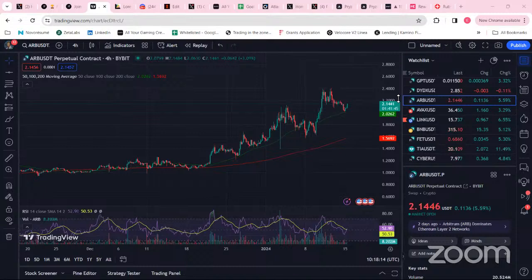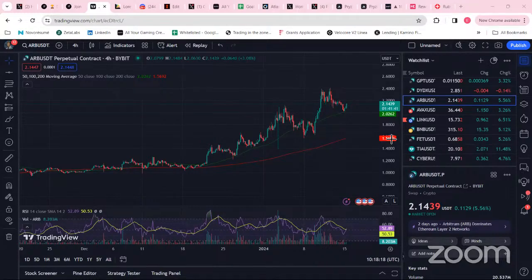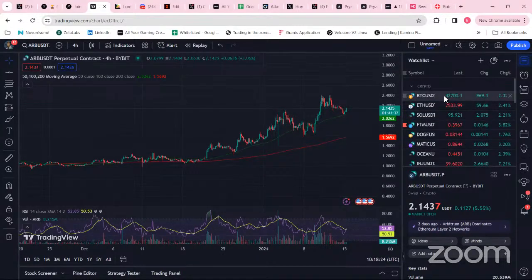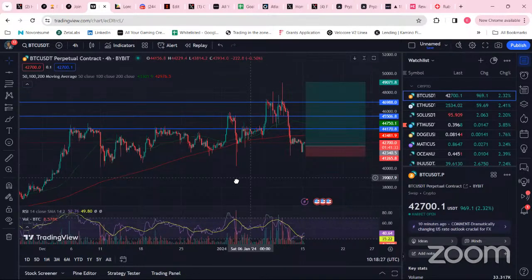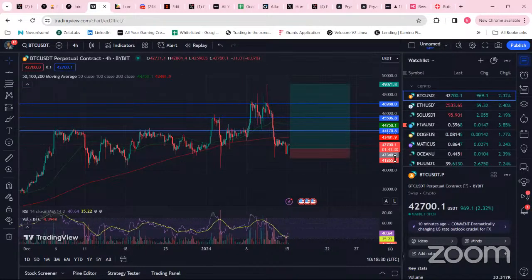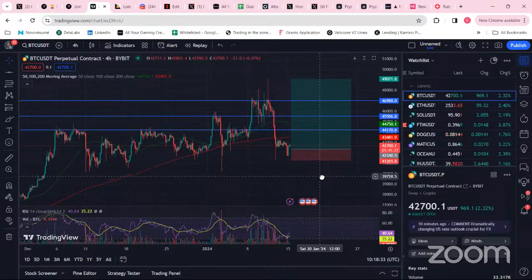There's so much going on as always. The market is pretty much still bullish in my opinion, even though we've not had the kind of reaction that some people expected to the Bitcoin ETF news.